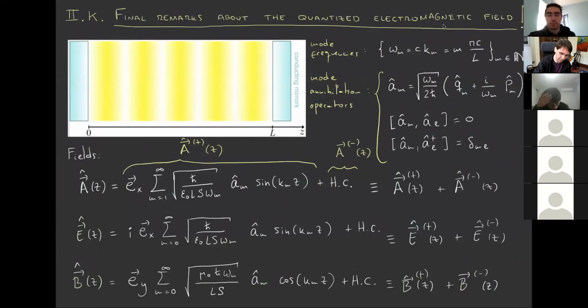And then the final thing I want to say is that now that we have quantized the electromagnetic field, we know that the electromagnetic field, in the absence of anything else, of any kind of material or source of electromagnetic field, is described by a Hamiltonian that will be equal to this in here.